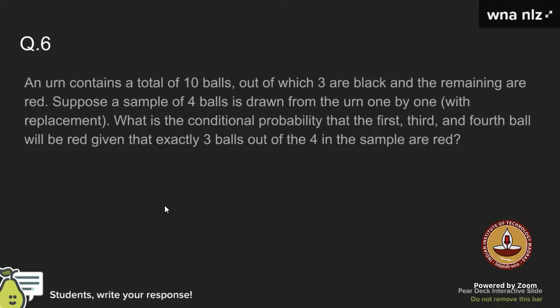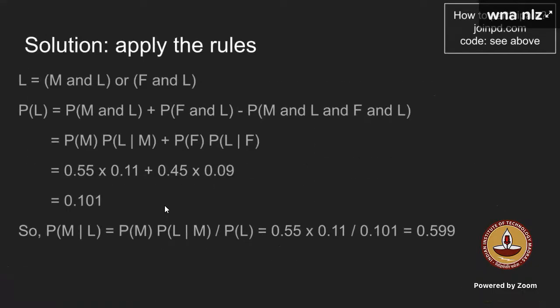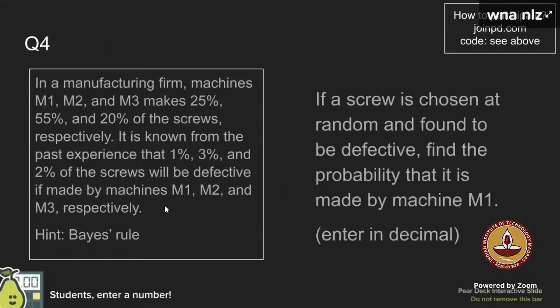If the end result has been given to you, suppose in this question, let me get here. I am choosing a screw. That is basically my event, right? That is what I am doing. And the end result, I know this screw is going to be defective. That has been given.